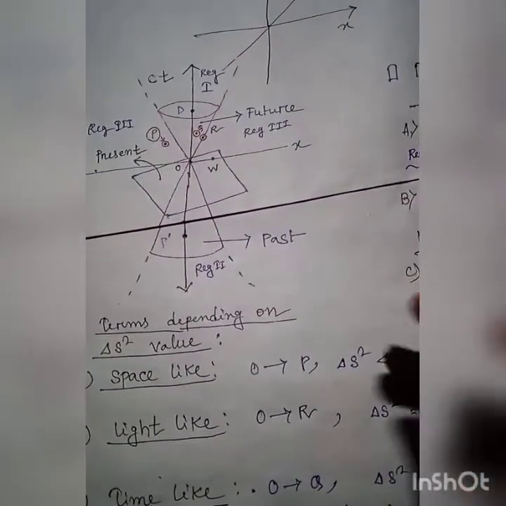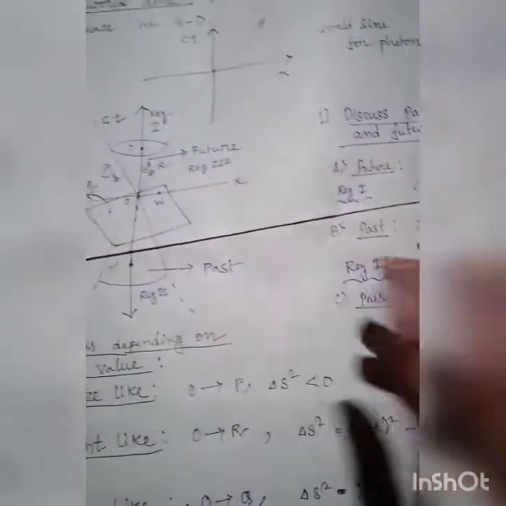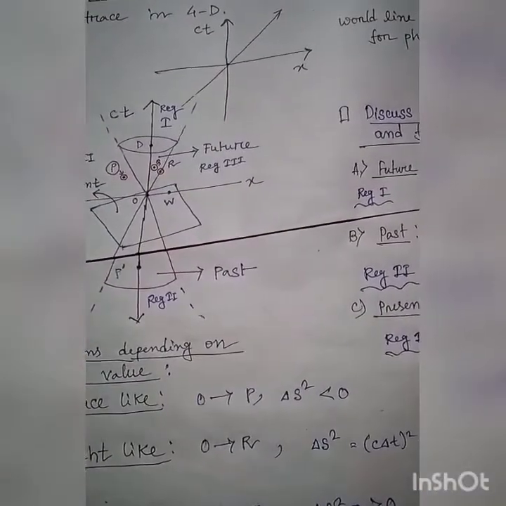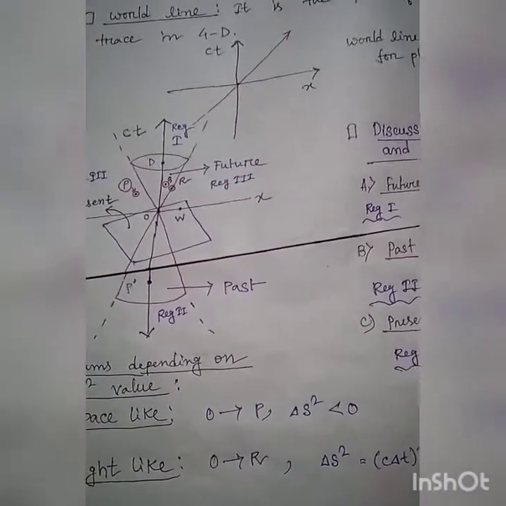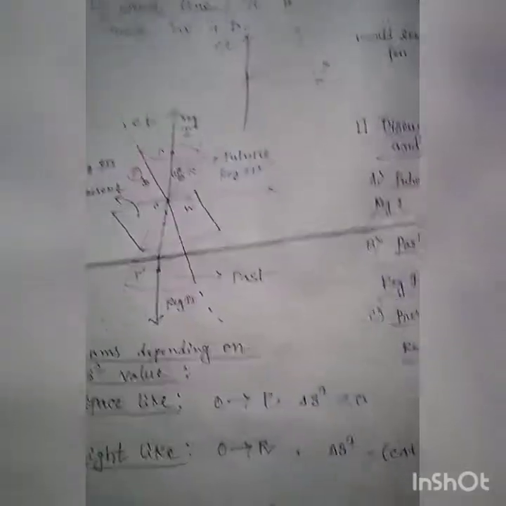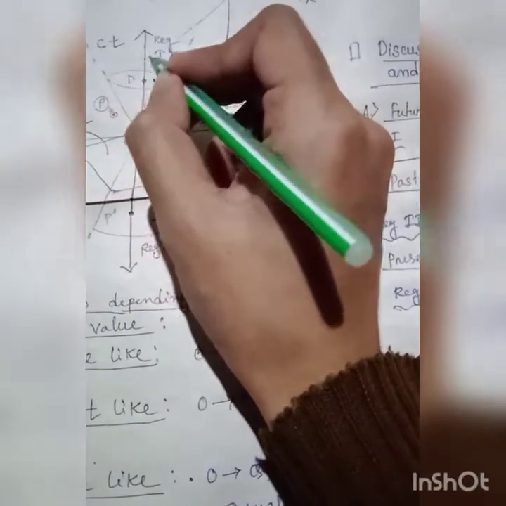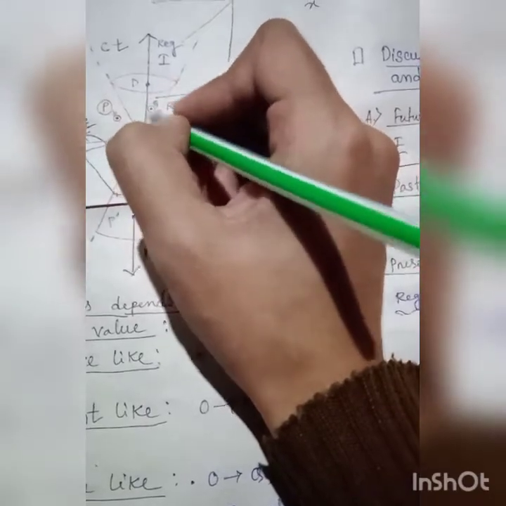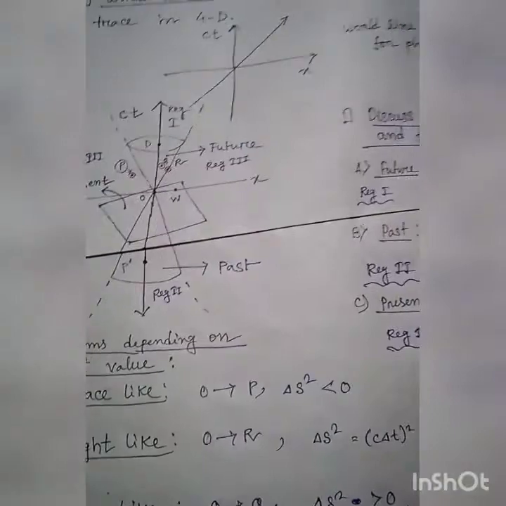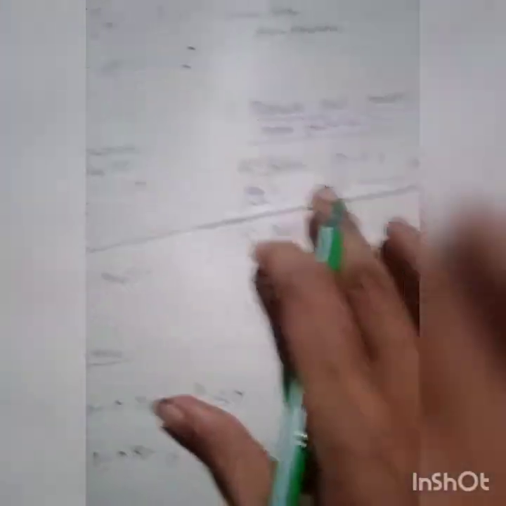So we can clearly say that the time interval increases. It means the time value also increases. But if you go along this axis, there is no spatial change. Only the time is increasing. So this region 1 is referred to as the future.